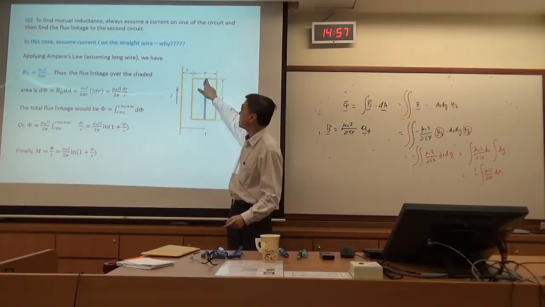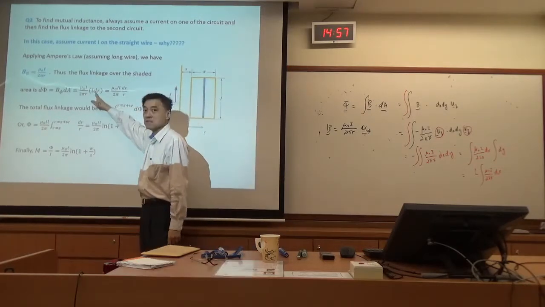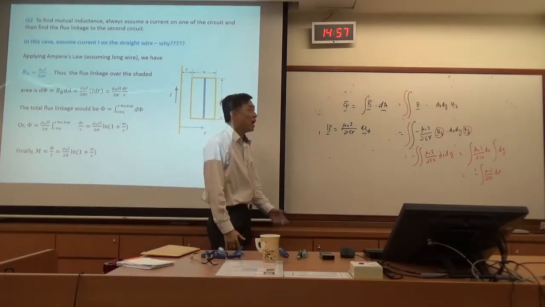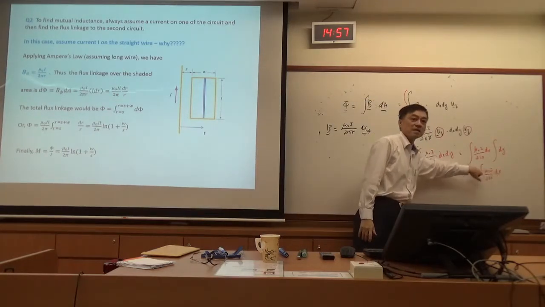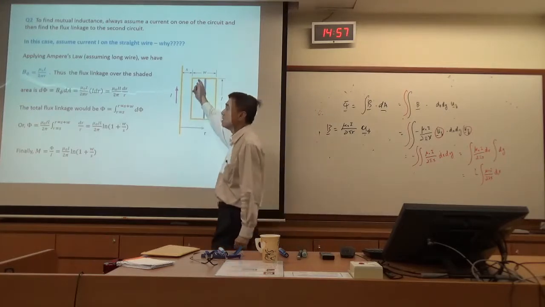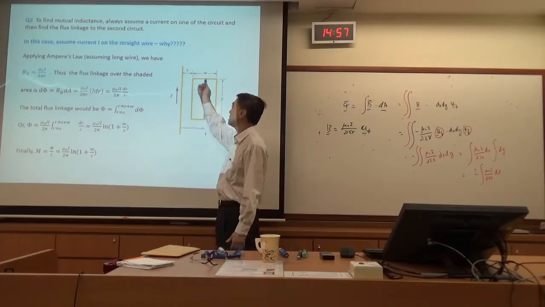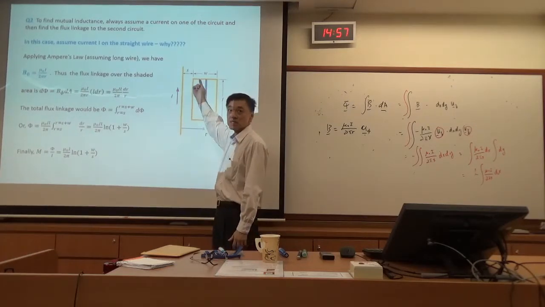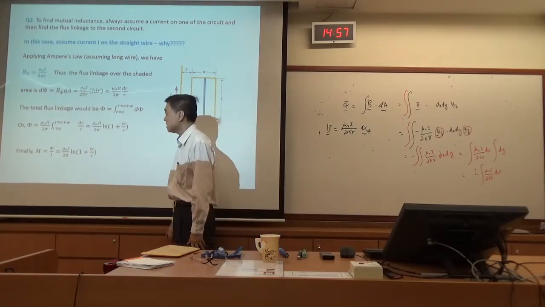The elementary area is L dr, or L dx. I can write the elementary area this way because I recognize that the flux density is not a function in that direction.